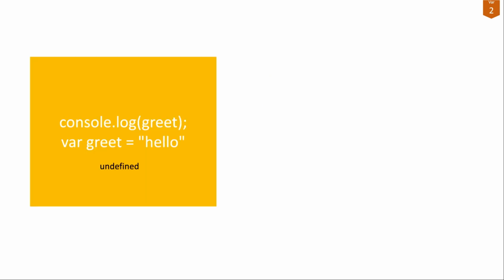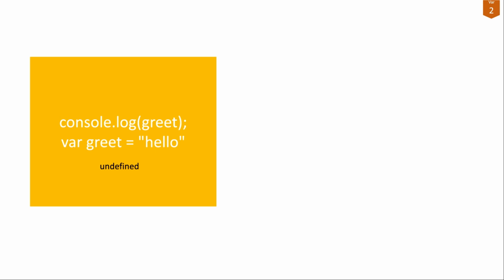The second point is variables declared using the var keyword will be hoisted. If you are new to this concept of hoisting, please go through my previous video where I talked about hoisting in great detail. For example, see this code. I'm trying to console log a variable called greet, and then I'm trying to declare and initialize it. The output will be undefined.